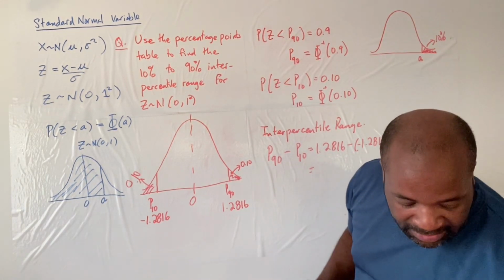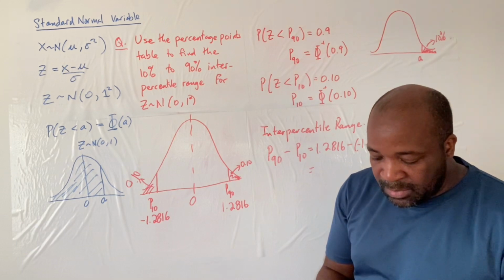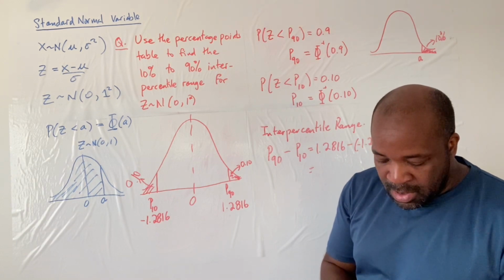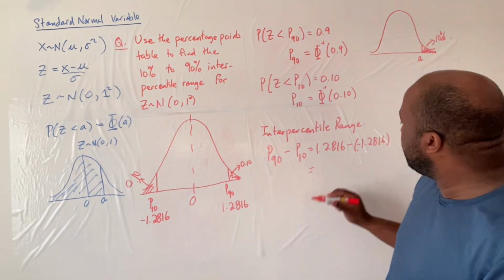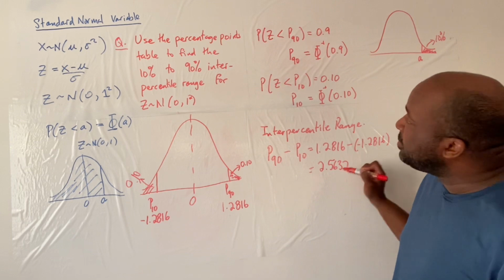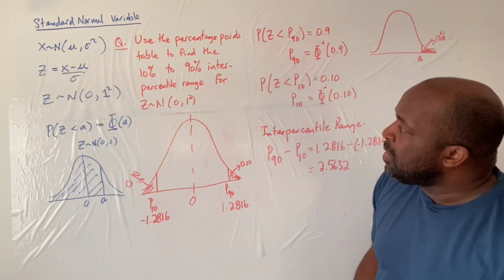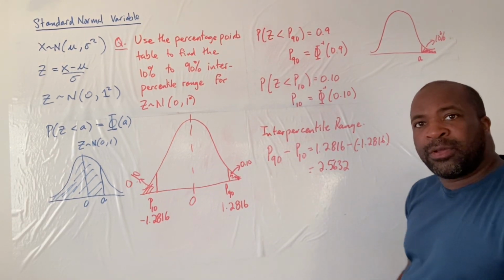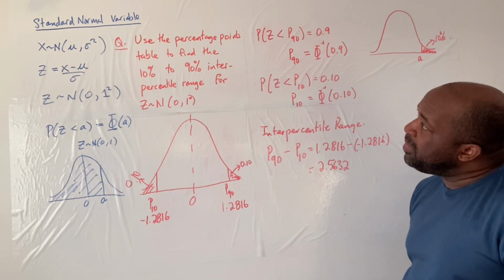So if we put that into the calculator, we're simply doubling 1.2816. So that's going to be 2.5632. And that will conclude the requirement for this question.